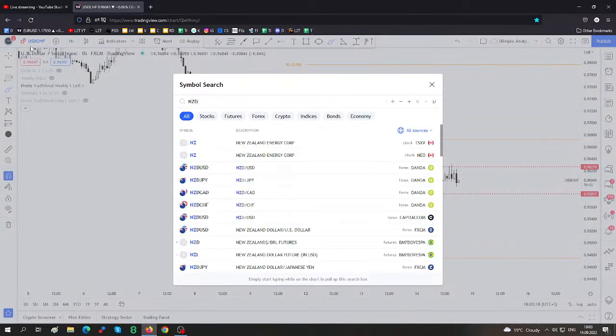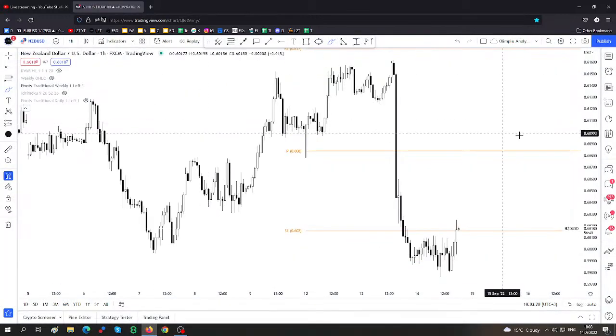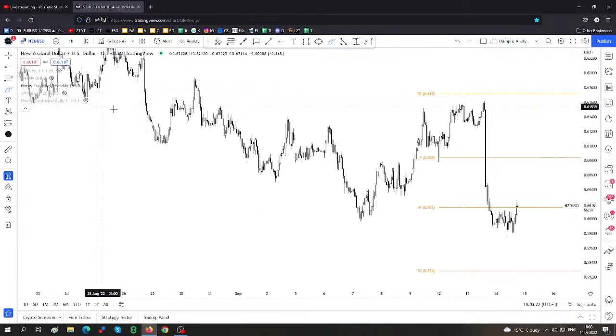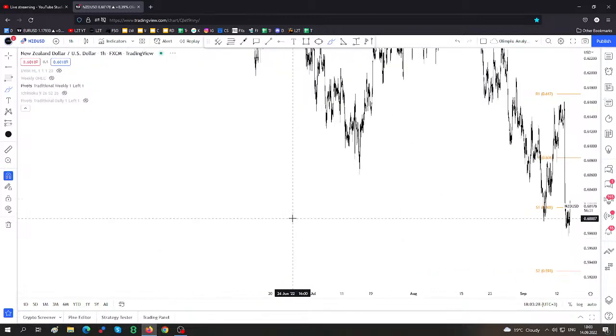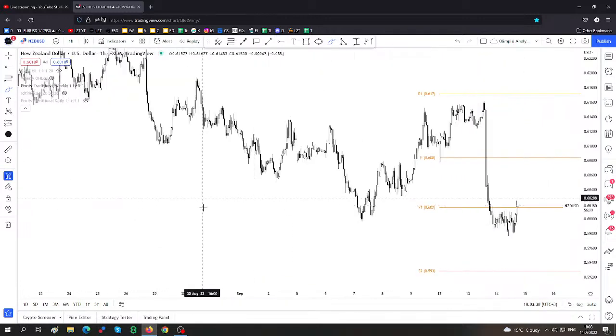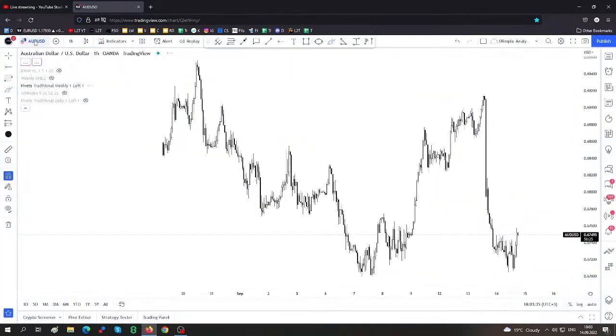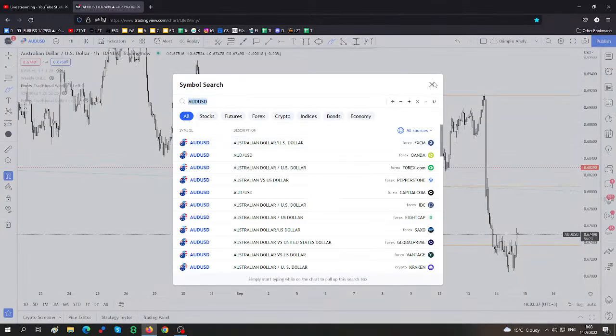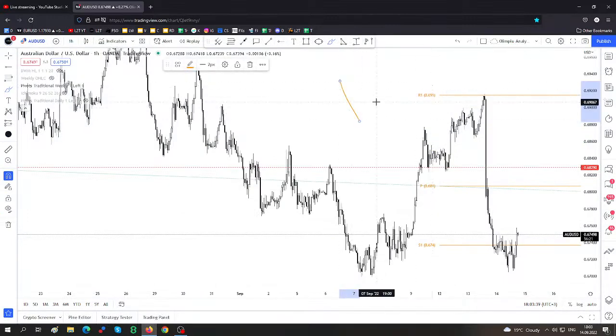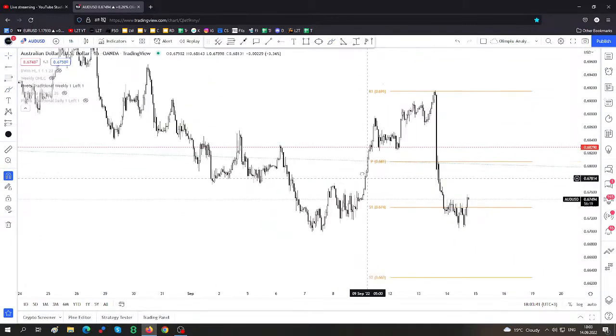But as you already know, personally I have a pending order in US dollar versus the Mexican peso, New Zealand dollar, US dollar. Yeah, rebound. Yeah, rebound is natural after something like this. Also here on Australian dollar, US dollar, rebound.